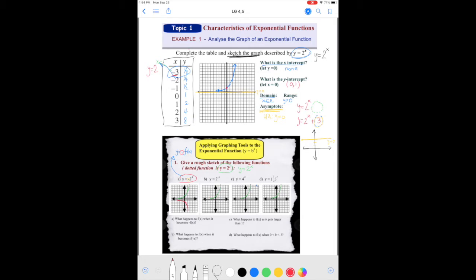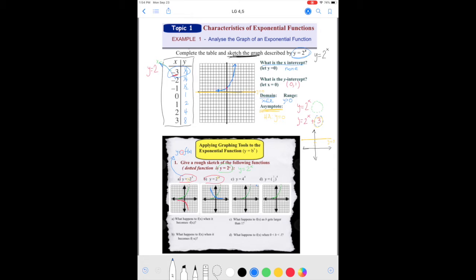Now the next one, you hopefully can see the negative is now in front of the x, and that is a reflection on the y-axis, because it's affecting the x values. So it looks like that.